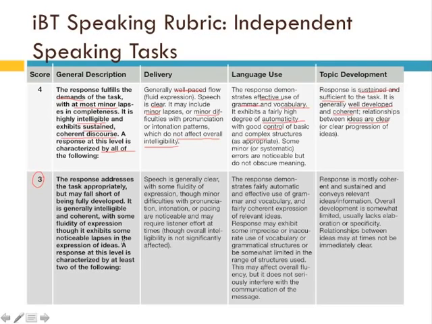And in fact, the last sentence of the general description mentions that a response is characterized by at least 2 of these things. So again, this gives us an idea that if we have 2 strong areas in, let's say, our language use and maybe topic development, maybe we could still have some issues with pronunciation, but still get a fairly good response. And a 3 is still a good response.